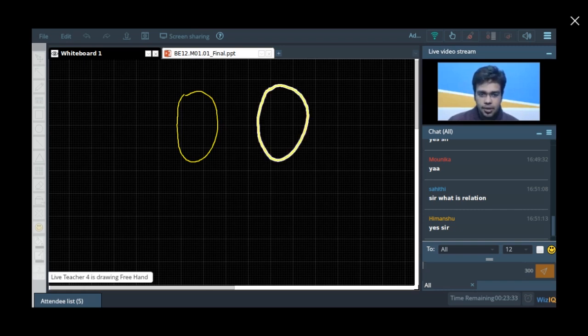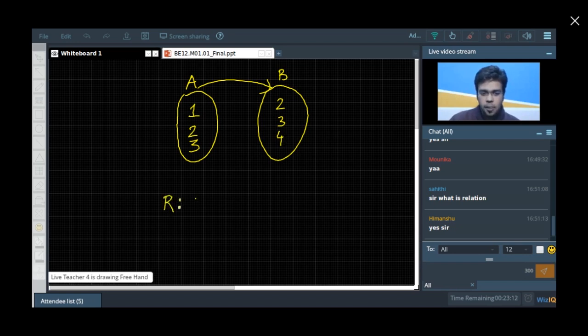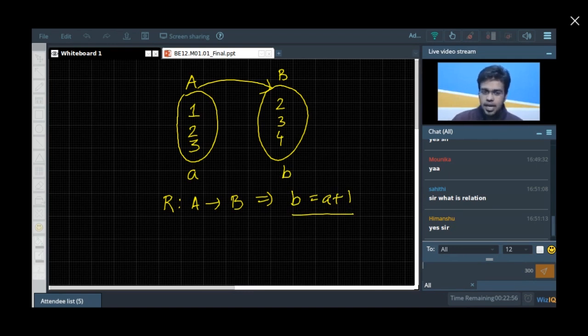We find a link between two sets, a relationship or condition by which we map A and B. For example, A has elements 1, 2, 3 and B has elements 2, 3, 4. Now I define a relation R from A to B such that B is equal to A plus 1. This is a relation defining the elements of B and A.